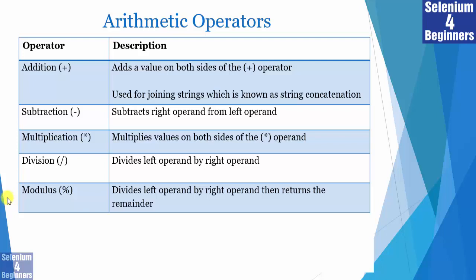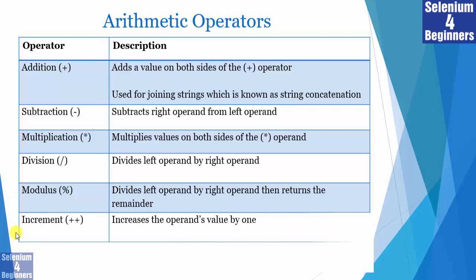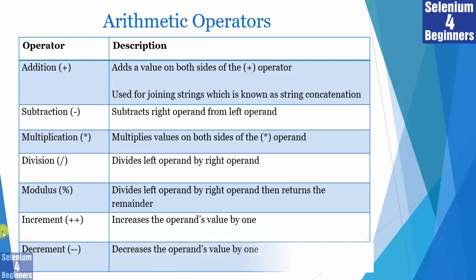However, we use an increment operator, which increases the operand's value by 1. This operator adds 1 to the value. That's why we see 2 plus symbols. A decrement operator decreases the operand's value by 1.